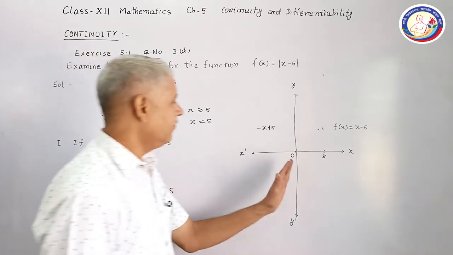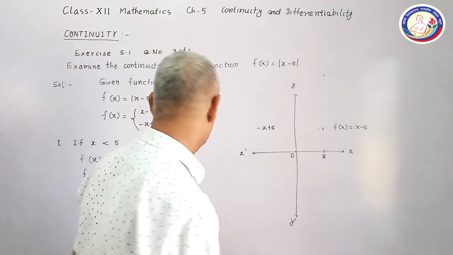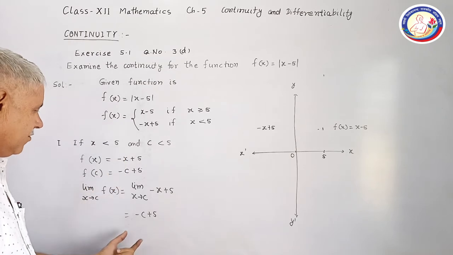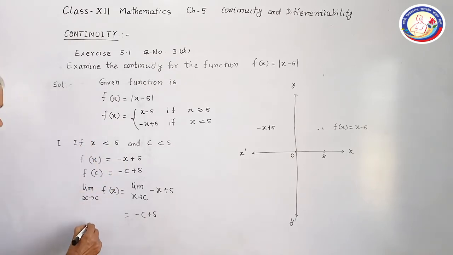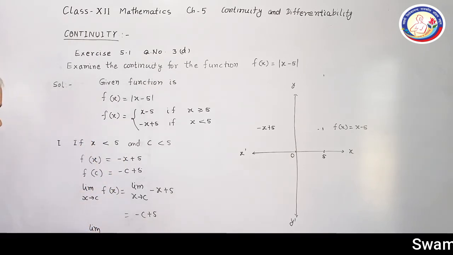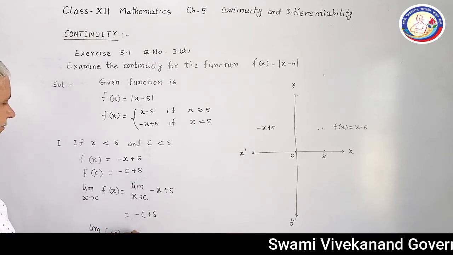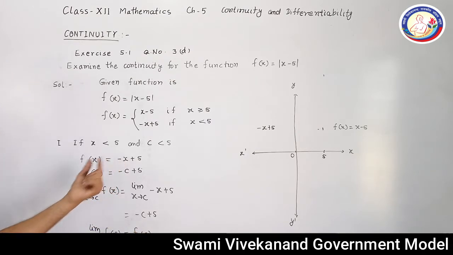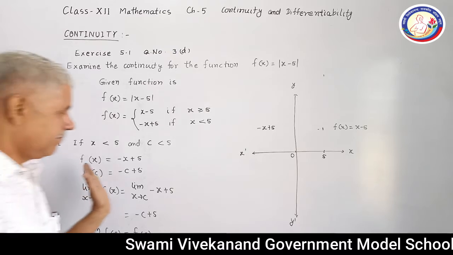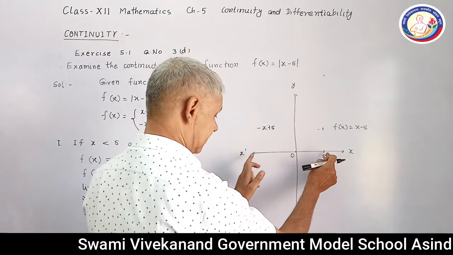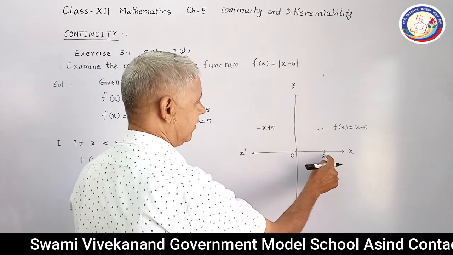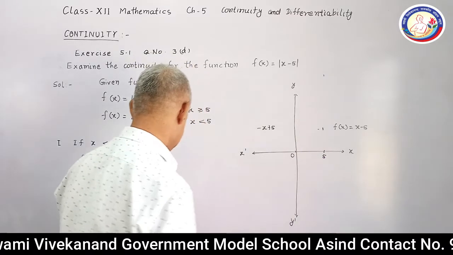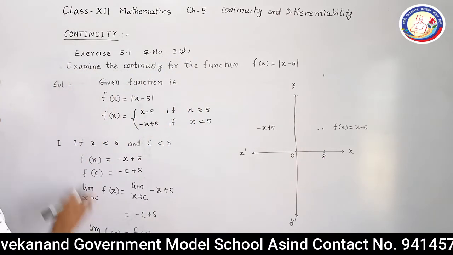So, for x less than 5, what are we obtaining here? The limit as x tends to C of f(x) equals the value of the function at C. It means the function is continuous for the values less than 5. First part is over.